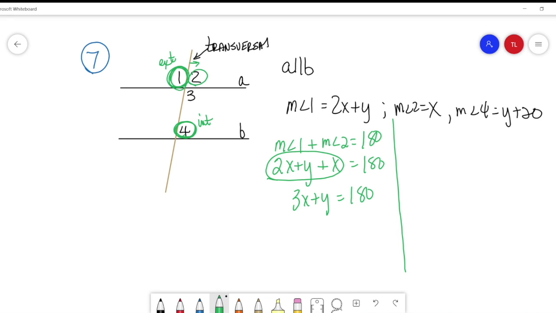So what else could we say? Well, that's out. Okay, now 2 and 4 then are what? They're corresponding because why? One is exterior, and what? And they're on the same side of what? Transversal.